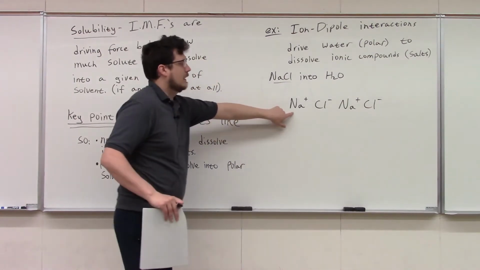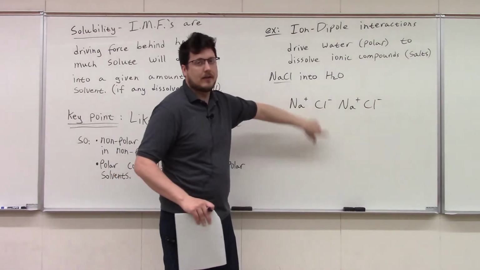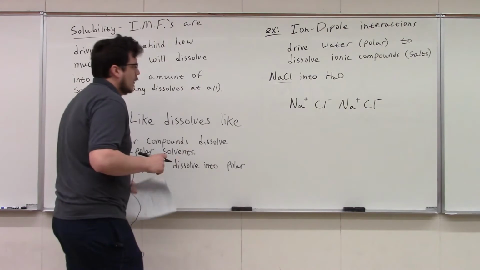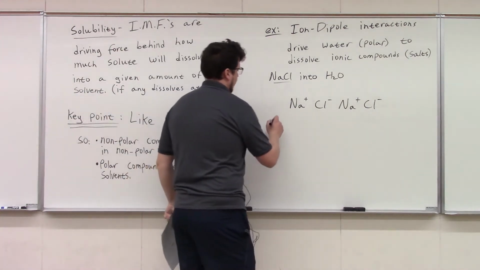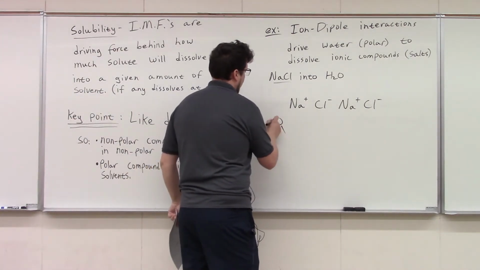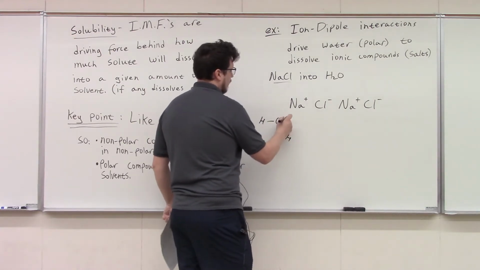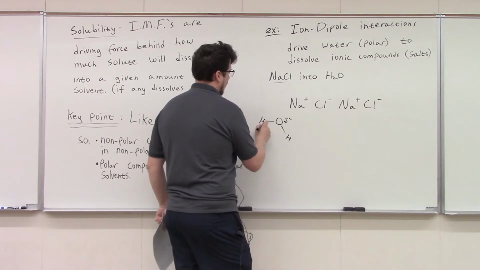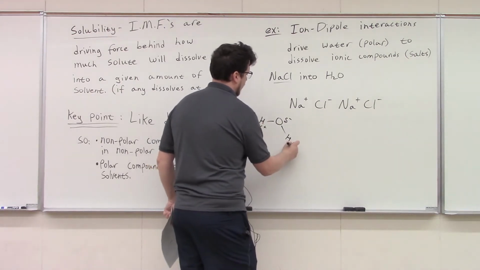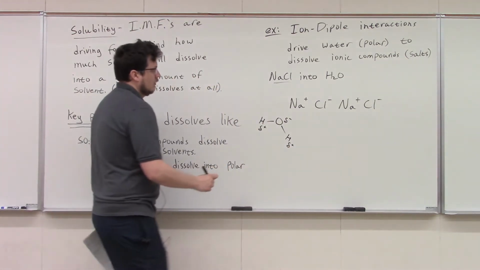Now, the positive cation is attracted to the negative anion, opposite charges attract. Well, what happens is water comes in, right? And remember, this area right here is partially negative, and these are partially positive. Well, this will interact.